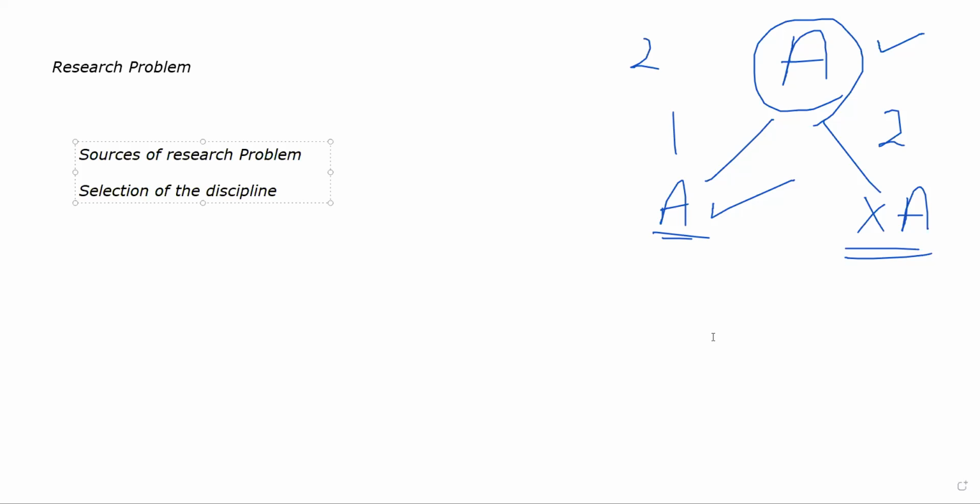Then you will prioritize a little bit more. You'll make it a little more specific. Okay, you narrow it down a little bit more. Then demarcating a particular aspect of the selected subject.